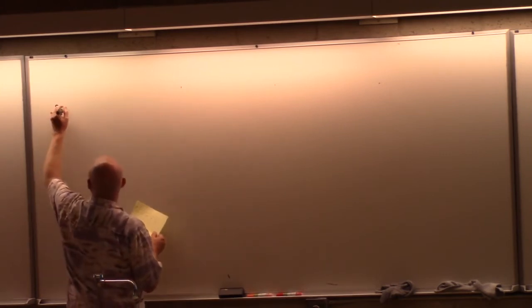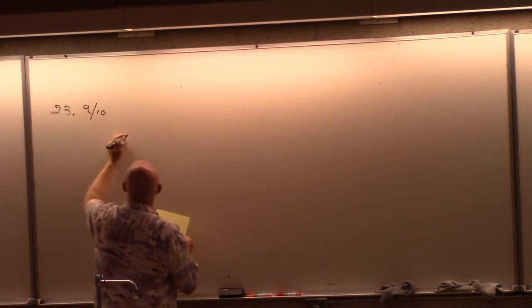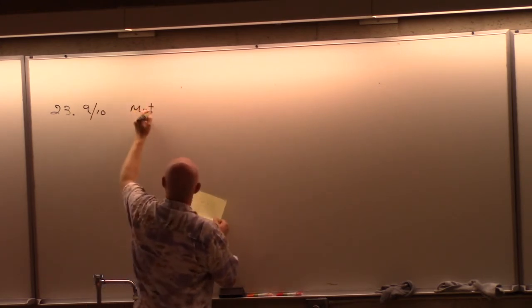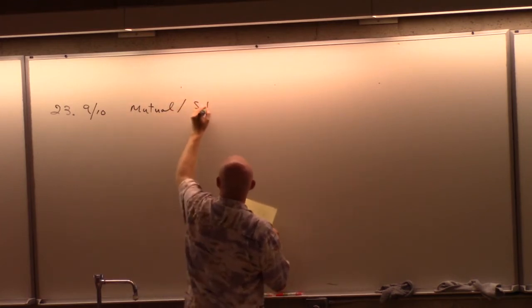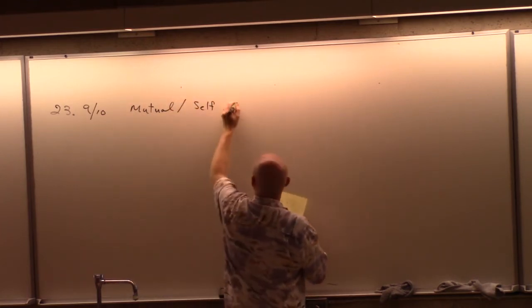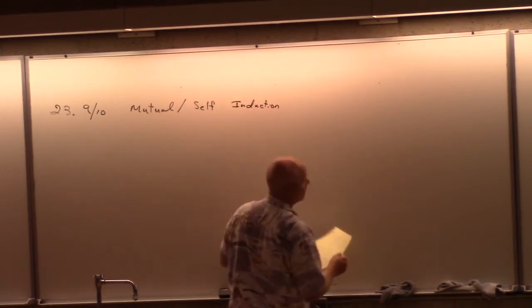We're going to call it an inductor. And it doesn't have charge, so we'll say we're going to energize our inductor. But this category, sections 9 and 10, are what your author refers to as mutual and self-induction.